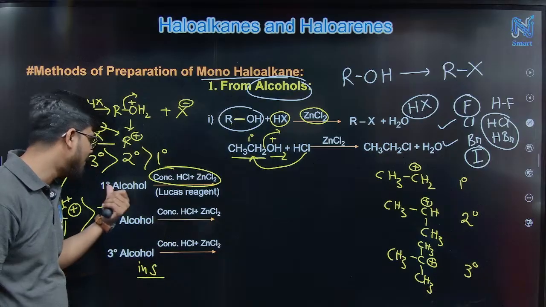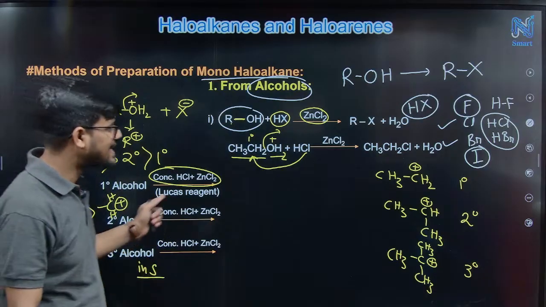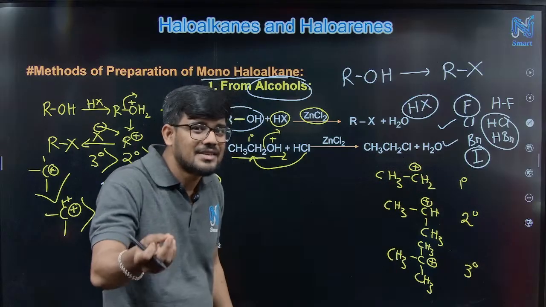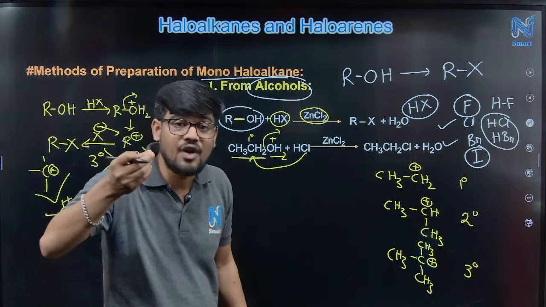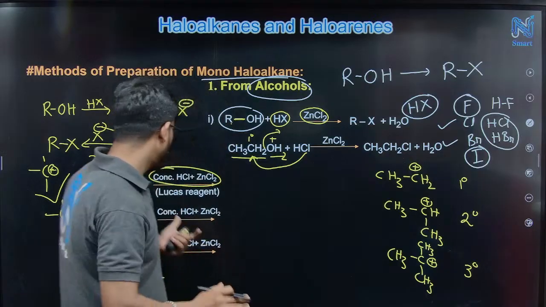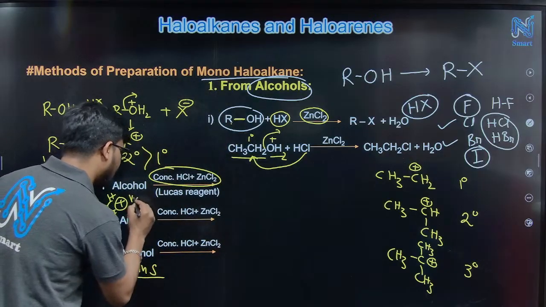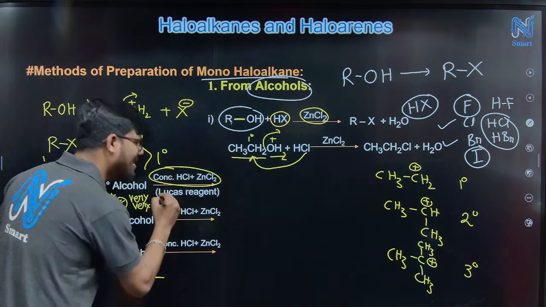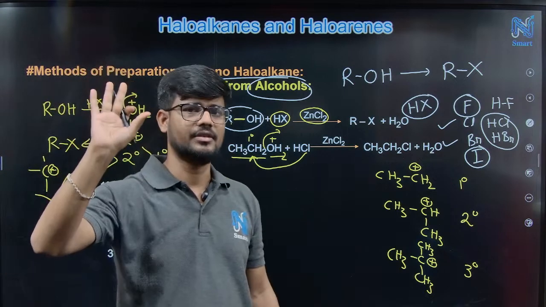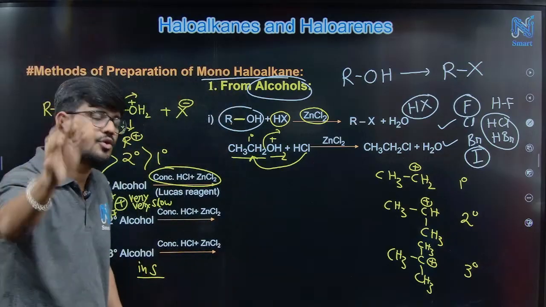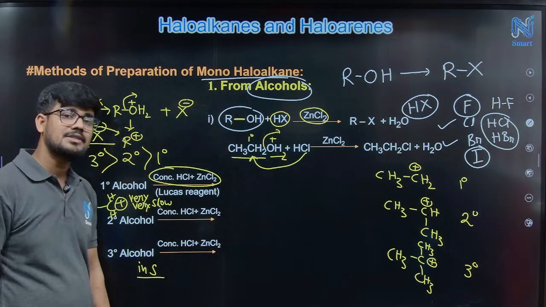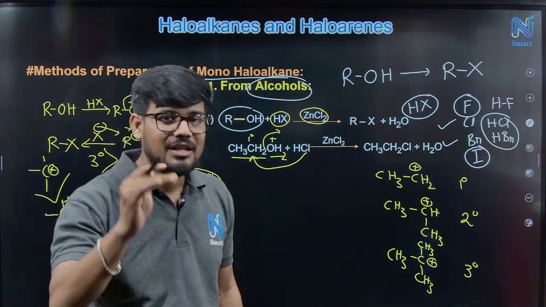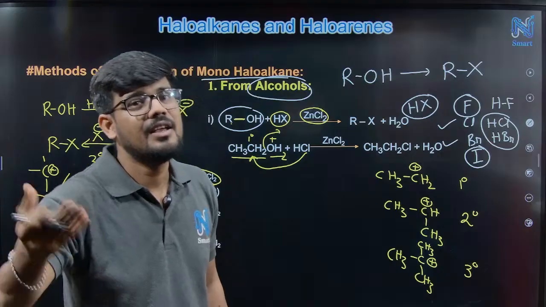Now if we have 1 degree alcohol, it gives a 1 degree carbocation, which is not that stable, so the reaction will not try to move forward. Here the reaction will be very slow, or you can say there will be almost no reaction. And 2 degree alcohol means, yes, the reaction will happen, but it will take some time, maybe 5 minutes.